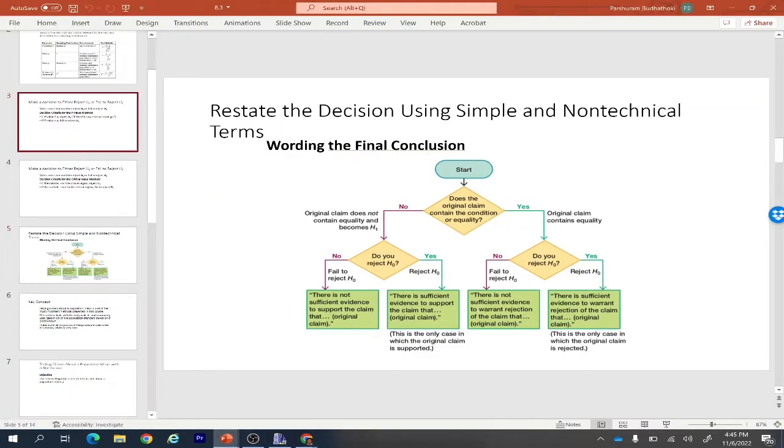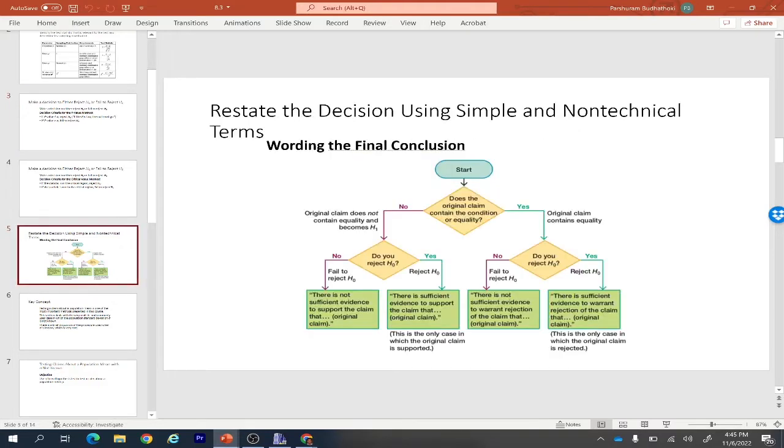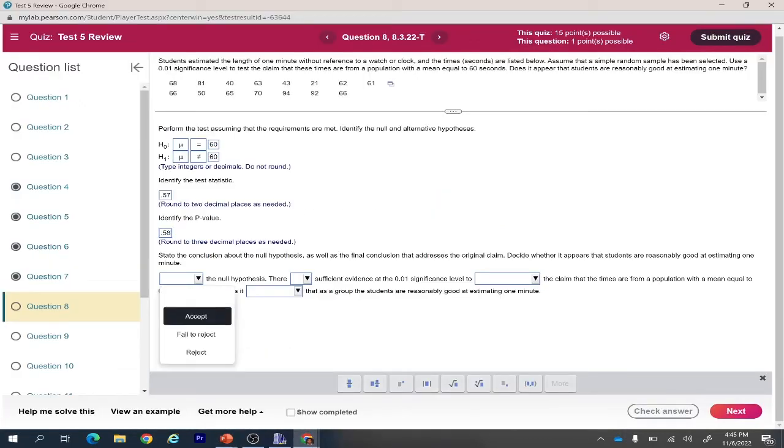As you can see here, the p-value is greater than the significance level alpha. So if you go here and you see p-value is greater than alpha, fail to reject, and go in this direction because it has equality. This is your conclusion. There is not sufficient evidence to warrant the rejection. So fail to reject. There is not sufficient evidence at the 0.01 significance level to warrant rejection of the claim that times are from a population with the mean equal to 60 seconds.